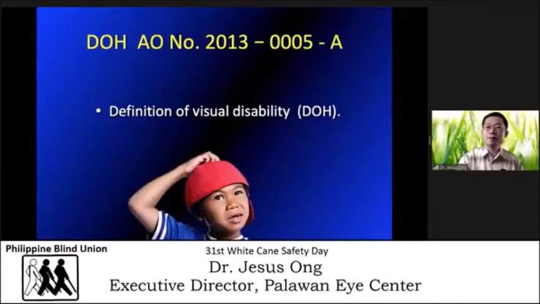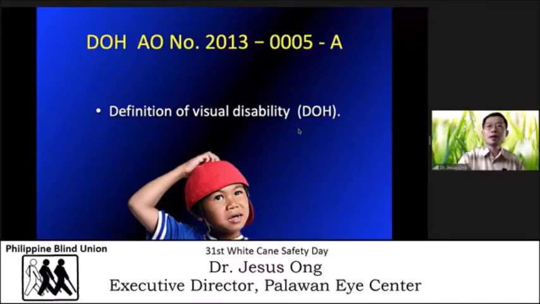So kung wala pa, lumapit lang po kayo sa local na tanggapan ng municipal or city office para mag-apply ng yung PWD ID. Then you can go straight to PhilHealth office for the issuance of PhilHealth membership.